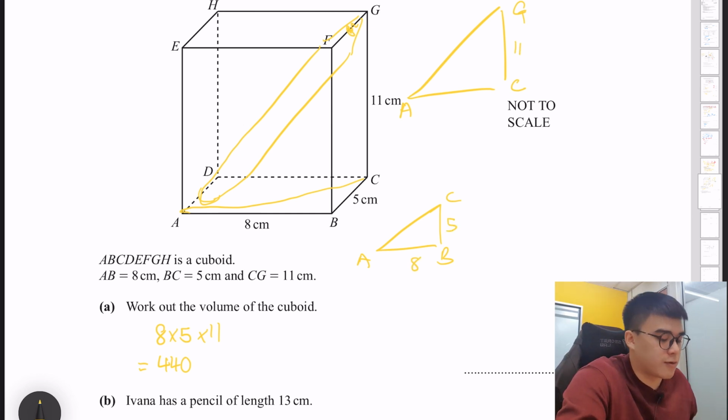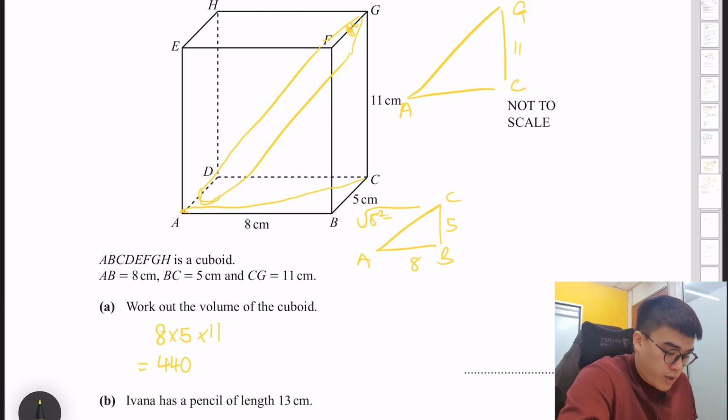So through Pythagoras' Theorem, you key in 8 squared plus 5 squared, you get the result as 89. So I put in 89 over here. Same thing, AG is 89 plus 11 squared.